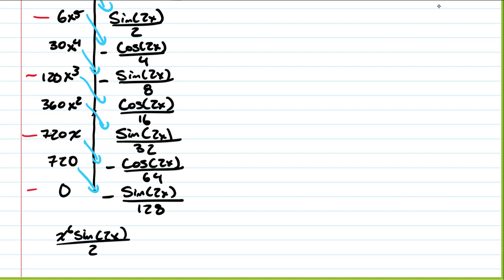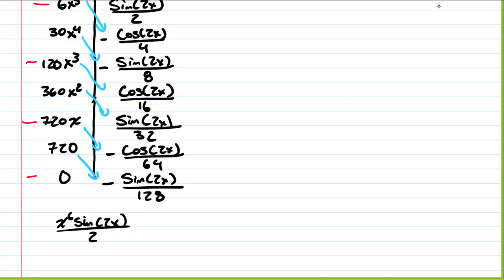And then I have a minus and a minus, so that's a plus: plus 6x to the 5th cosine 2x over 4. Next it's negative, because I have a positive times a negative this time: negative 30x to the 4th times sine 2x over 8.